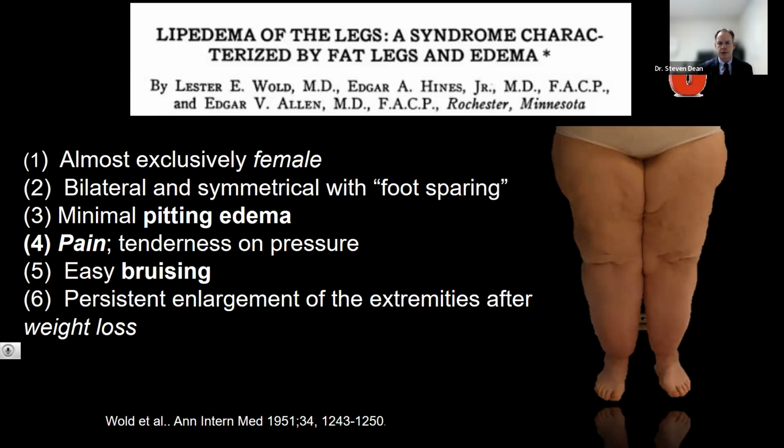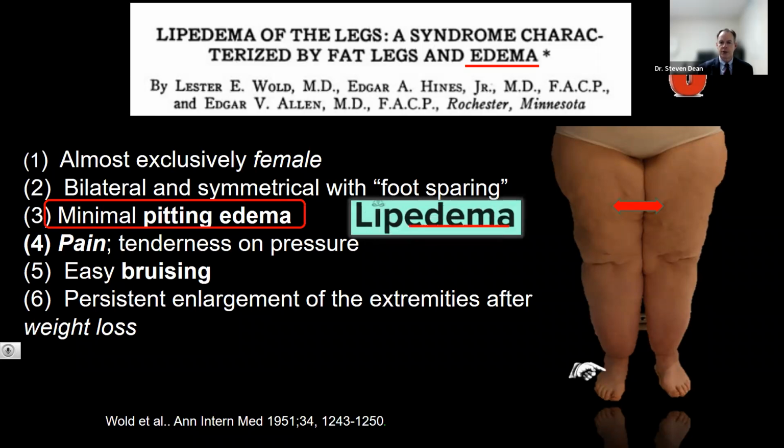Number one, almost exclusively female. Number two, it's bilateral and symmetrical with sparing of the feet, at least initially. Now, not when we're talking about our lipo-lymphedema patient. Number three, a component of minimal pitting orthostatic edema, which affects the distal calves, the ankles, the feet, hence this original term, lipedema. 90% of these patients have pain or tenderness on pressure. 75% have a susceptibility to easy bruising.